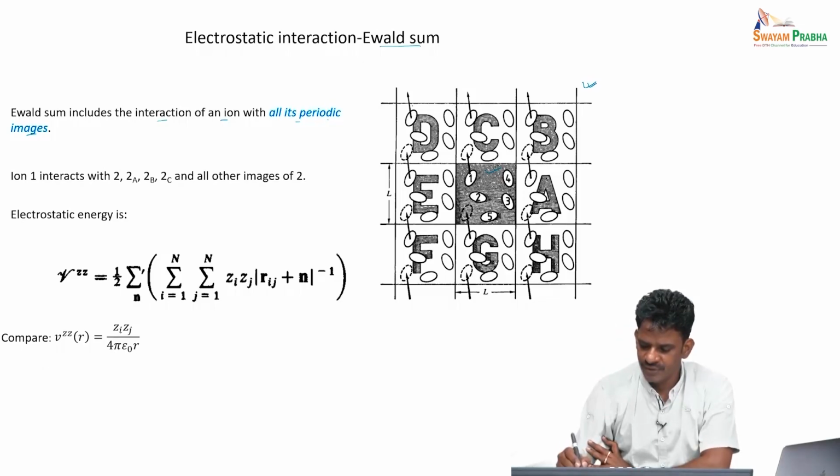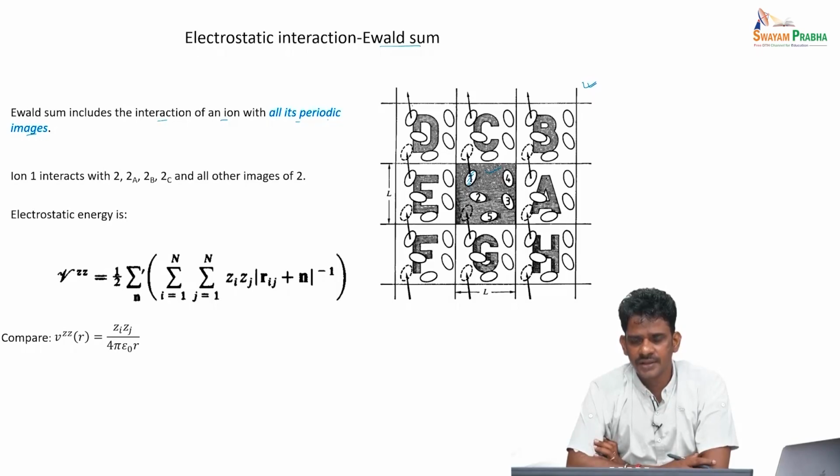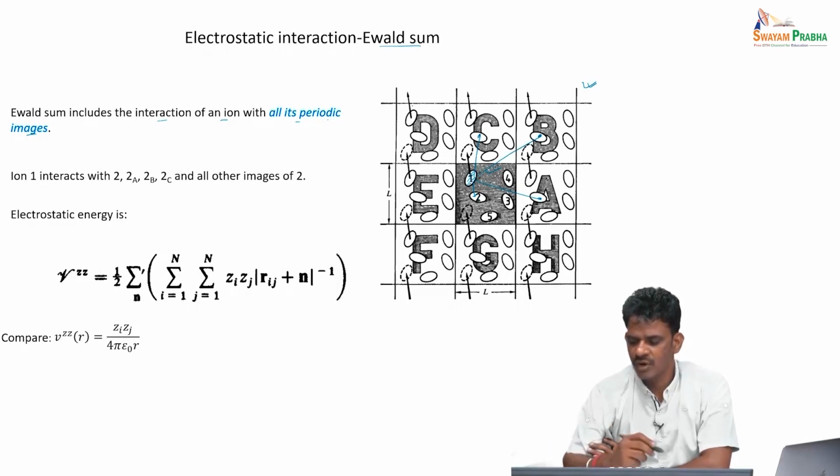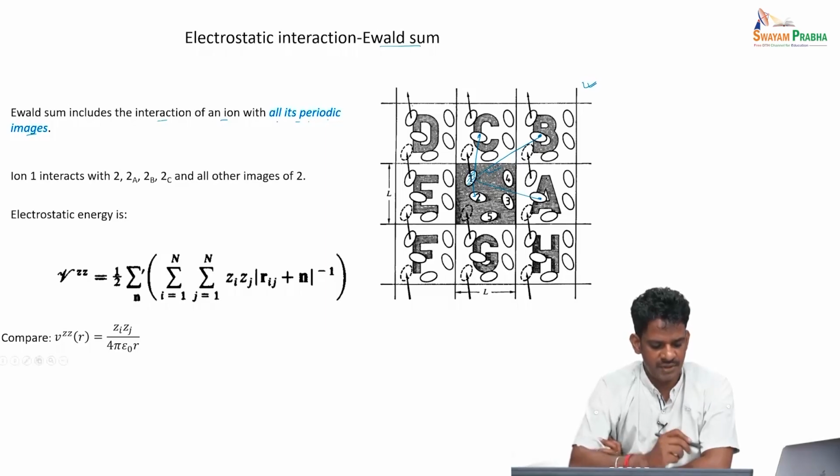If you consider, for example, this particle 1, let's say it is an ion which has some charge, then we see that the interaction between 1 and 2 is not only happening in the central box, but also with the periodic images of 2 in box A, the periodic images of 2 in box B, the periodic images of 2 in box C, etc. So the pair interactions include not only those within the central simulation box, but also those with all its periodic images. That's the meaning of interaction with all of its periodic images.